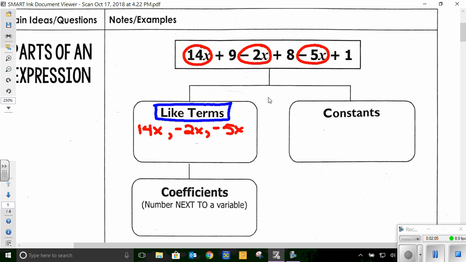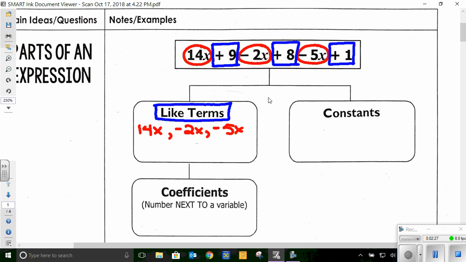This time I'm actually going to box them off with a square. That 9 is just a 9, but it's very similar to the 8 here, because it doesn't have a variable, and then also the 1 here. But again, in all cases, I put the plus sign with it, which means all of those are positive.